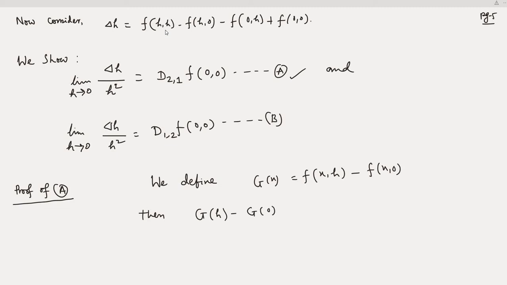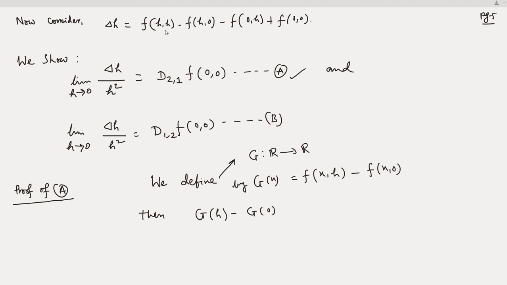So g is a real valued function, g is from R to R. So we define this by this equation.